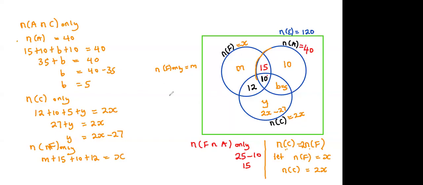When you add 15 plus 10 plus 12, you get 37. So I'll have m plus 37 equals x, so our m will equal x minus 37. Here we shall have x minus 37. And outside here we have 0.